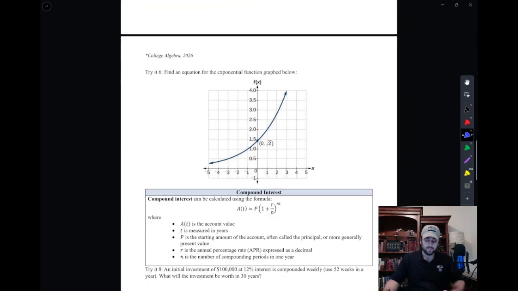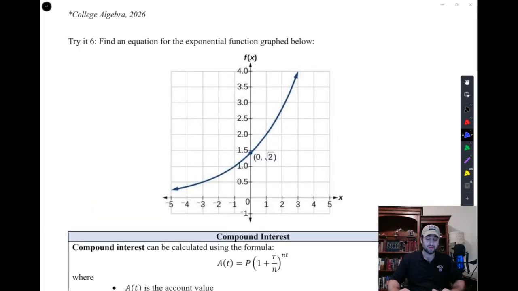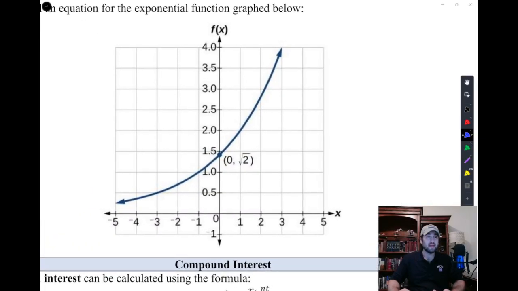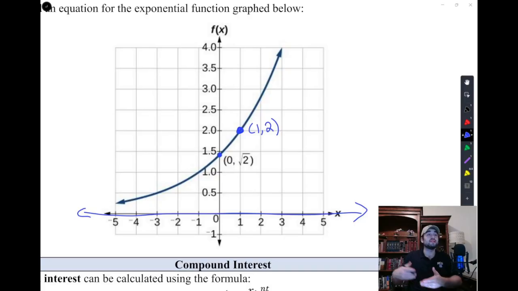Here's an equation on a graph, and because it looks like the exponential function with the horizontal asymptote at 0 and a y-intercept and another nice neat point right here at (1, 2), it's actually going to be a really similar solve to the last one as well. So I'll leave that for you to try as well, because the steps aren't going to be any different.